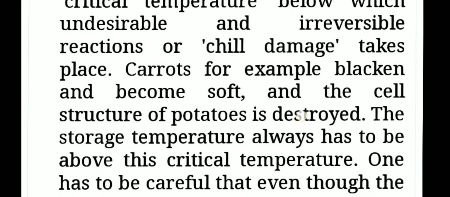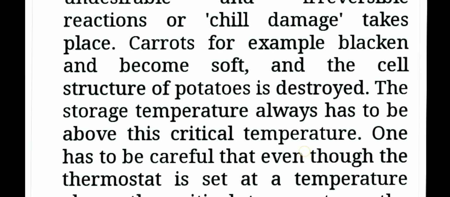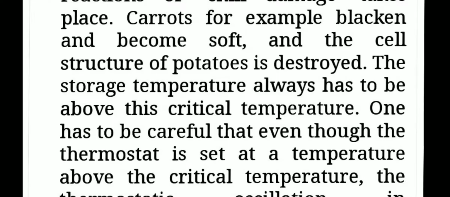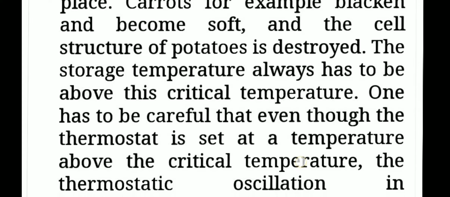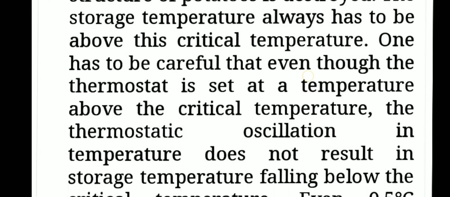Carrots, for example, blacken and become soft, and the cell structure of potato is destroyed. So these are the defects which can arise because of chilling injury. So the storage temperature always has to be above this critical temperature.